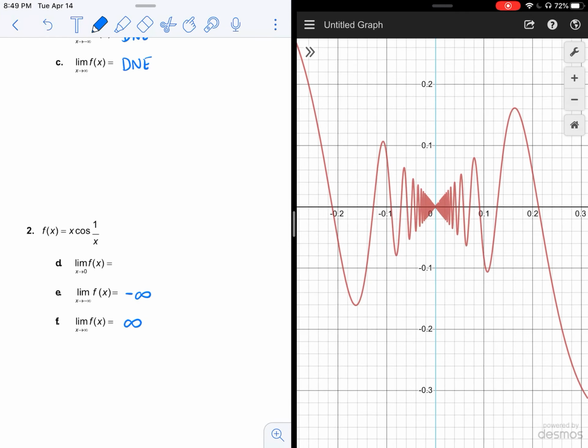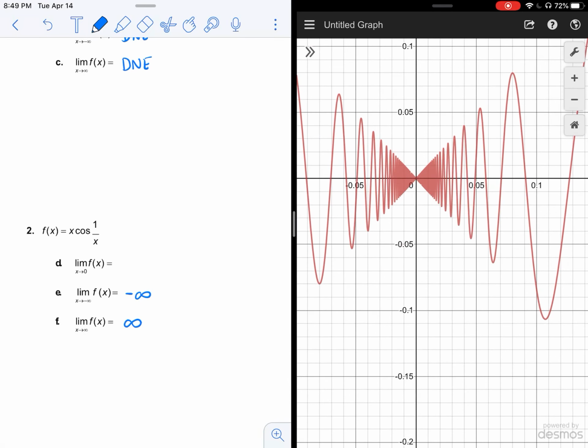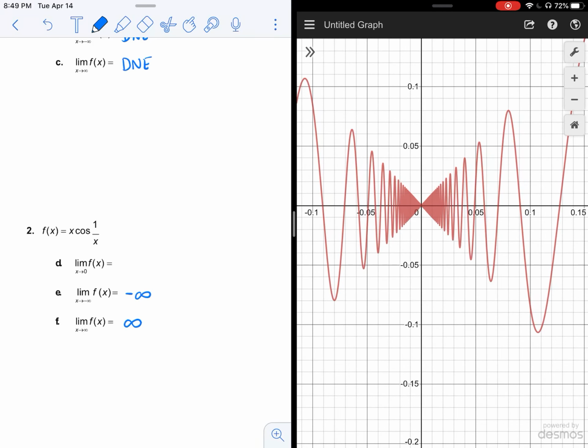If you look here, I have zoomed in really close, and it's going to oscillate back and forth, but those numbers are getting consistently smaller and smaller. So it is oscillating back and forth, but those oscillations are starting to converge. They're getting closer on either side to 0. So as I get infinitely close to 0, this limit is going to go to 0.